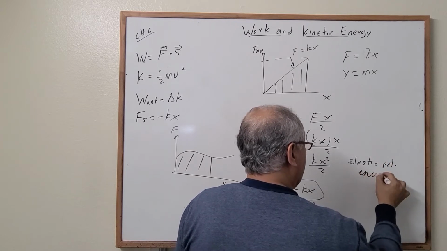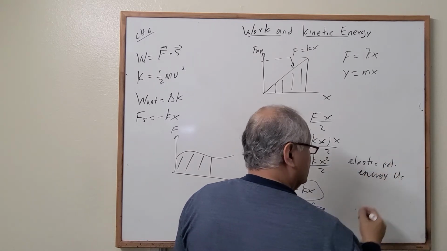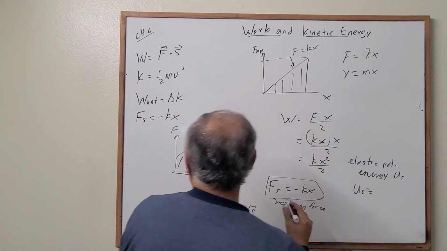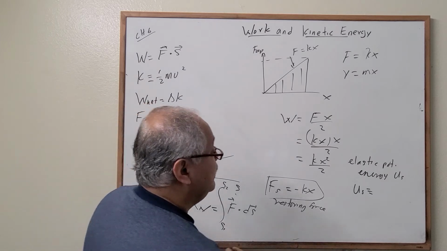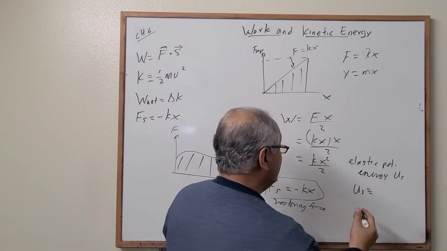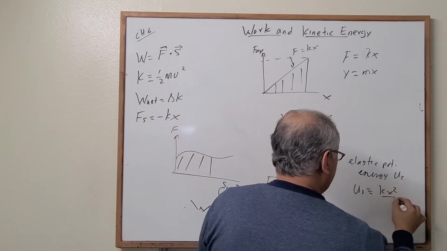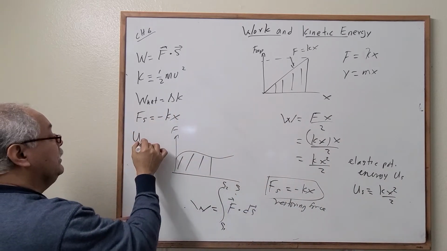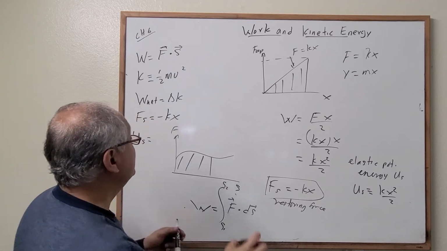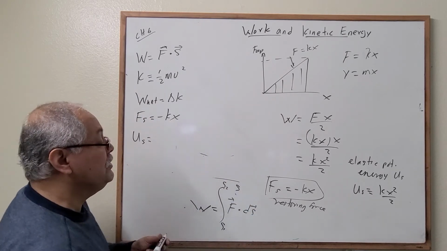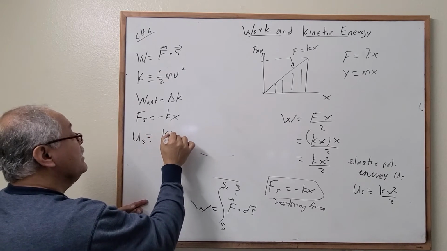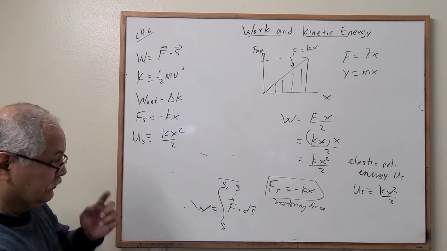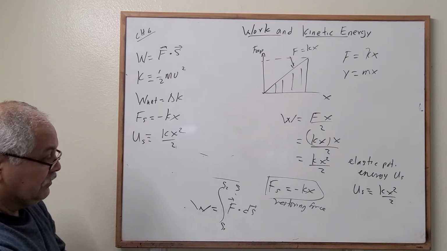Let's define it as U_S. So U_S is defined, remember it's our definition, for the spring as kx squared divided by 2. So we have another quantity: elastic potential energy is defined as kx squared divided by 2.